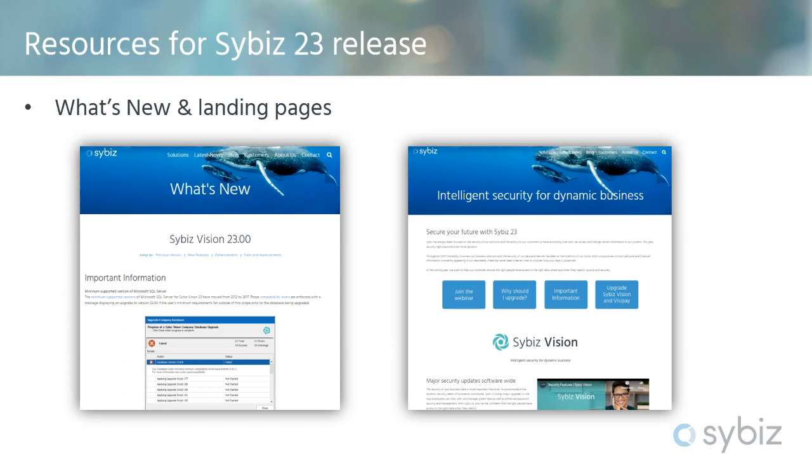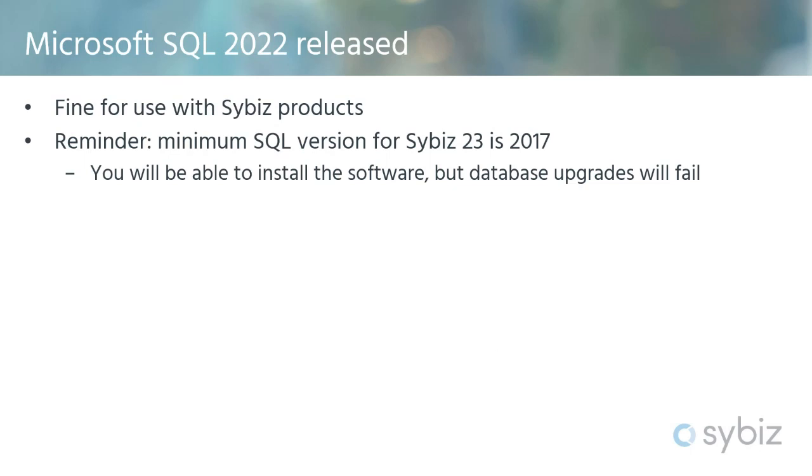And that's precisely how you get it in VisiPay as well, as we don't have the web viewer within VisiPay. And then there's also specific pages on our website, so don't worry too much about navigating to that page. You can just use a Google search and just do Sybiz 23, and it'll come up in your Google search. Then from there you can navigate into the other resources associated with this particular release.